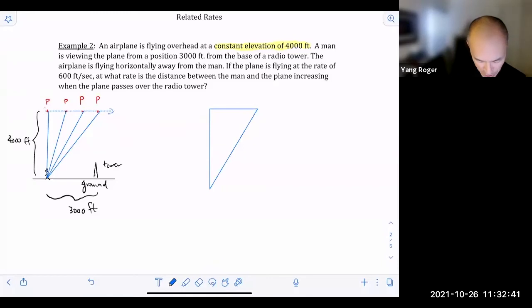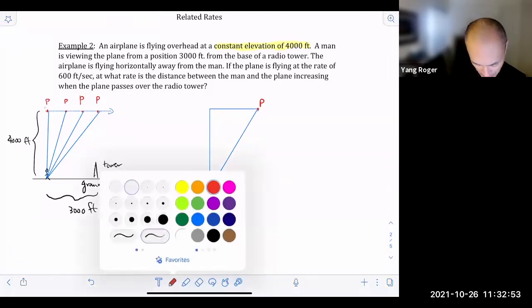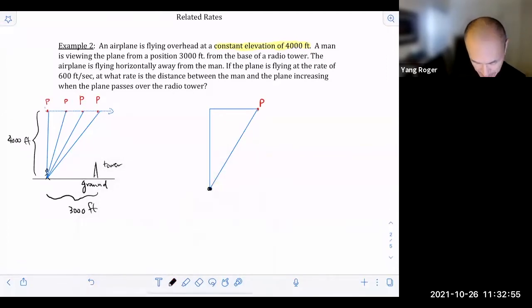Okay, so this is one of the triangles that we have. In this case, the plane is right there, right at this dot. That's where the plane is. And the man is at the bottom right here. That's where the man is.